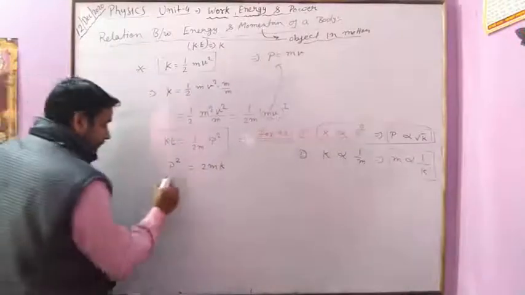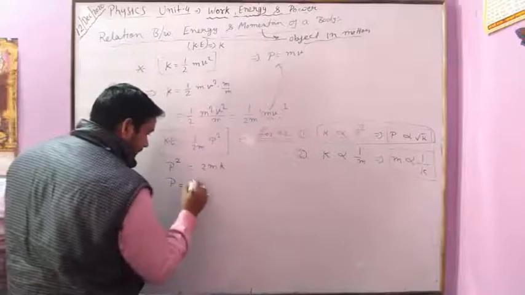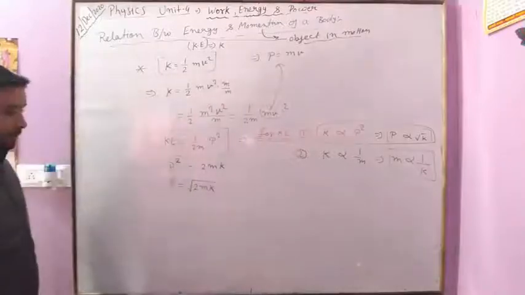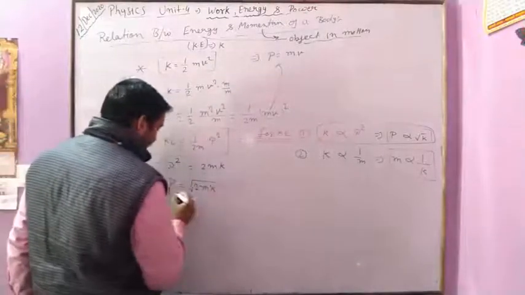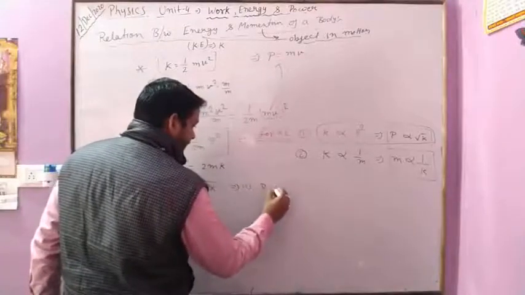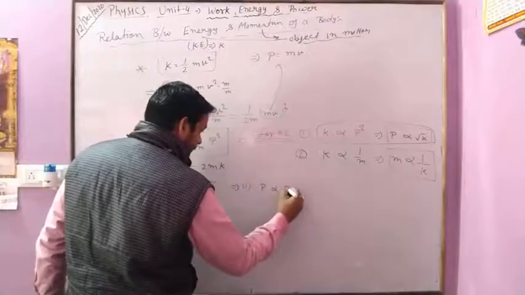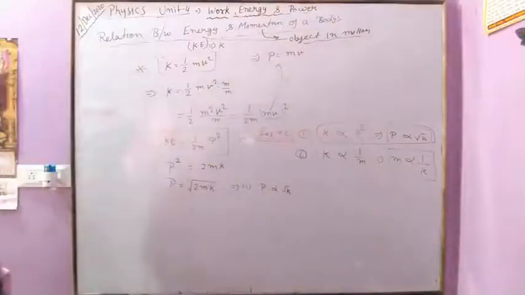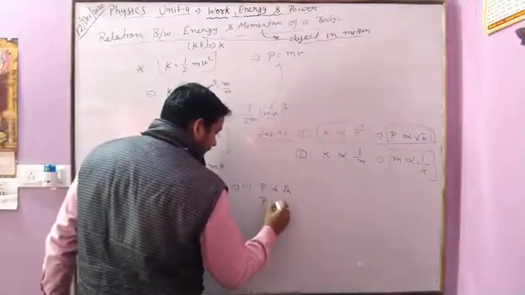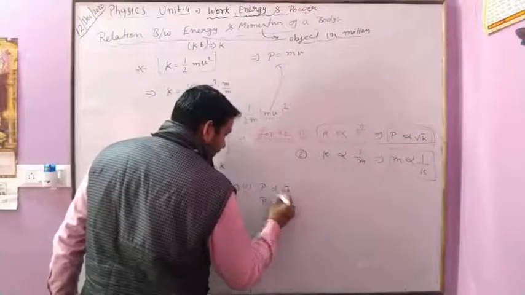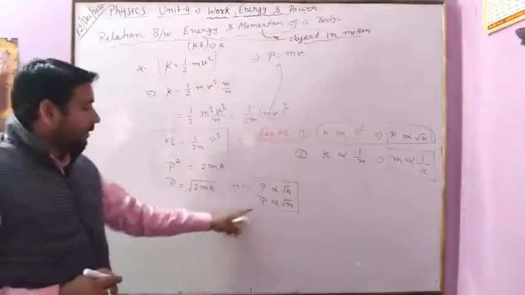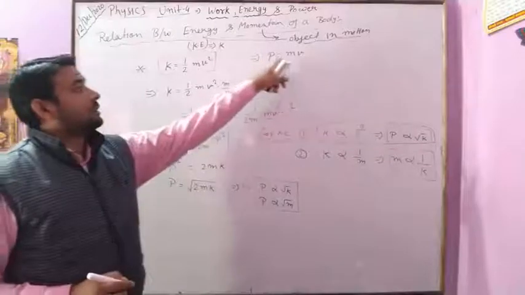So the momentum is equal to under root of 2mK. Therefore, by this relation we can conclude that p is proportional to the square root of the kinetic energy, and also p is proportional to the square root of the mass of the object. When we correlate momentum and energy, you need to follow this rule.